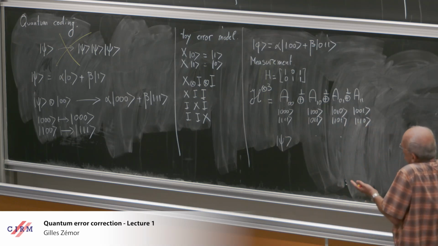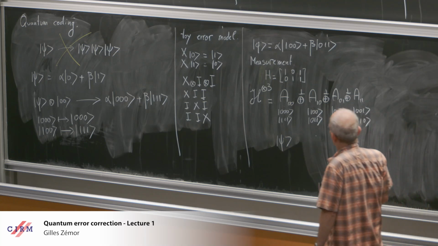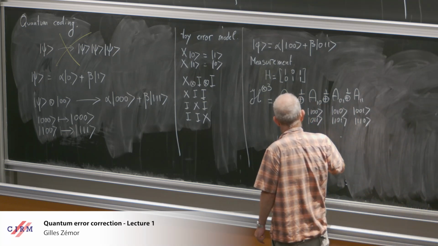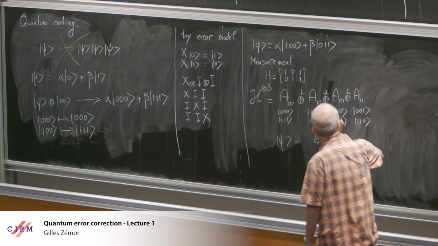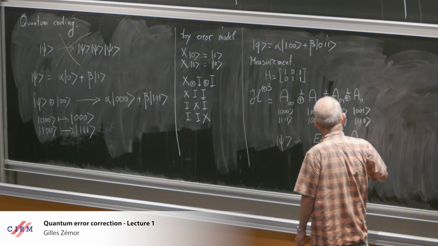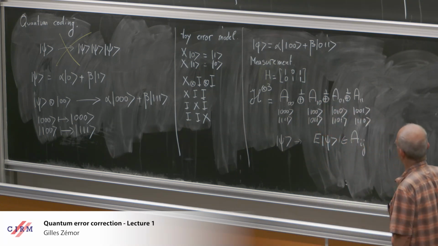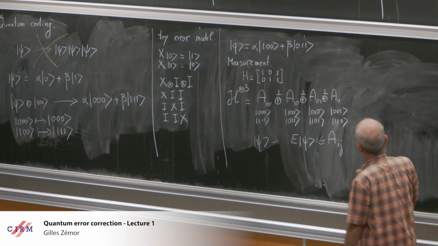So the measurement will tell us exactly which of those three errors occurred. So our error vector here belongs to one of these A_{i,j} necessarily. And when we do the measurement, we know which one it is.